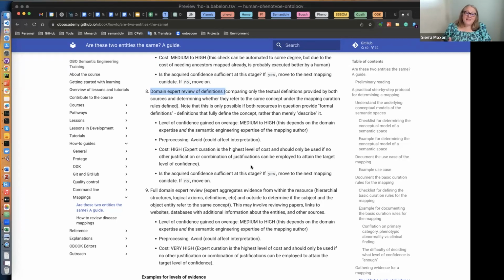So usefulness for me has only been at the level of manual review so far, but I know that there are people using data that conform it to BioLink who do these machine learning algorithms on them, and they really want those high quality, high effort, domain expert reviews of these mappings to be able to infer something or do some sort of calculation without worrying that they're making an over assumption. But I don't know where that boundary is, or how to find it. And so I'm trying to figure out if I can use this level of confidence gained from you to stand in for all of that research I would need to do to understand.